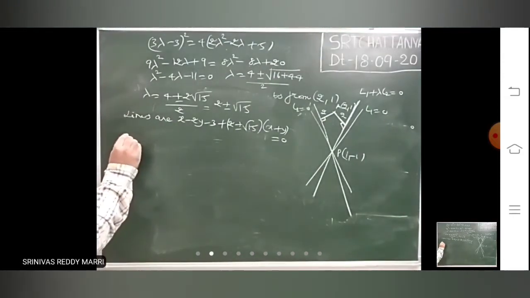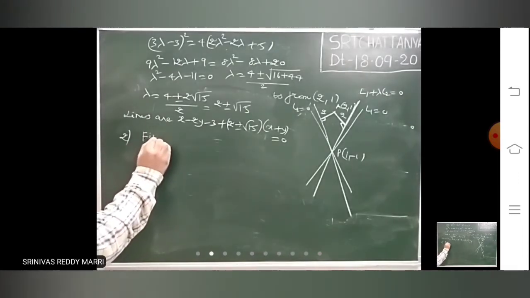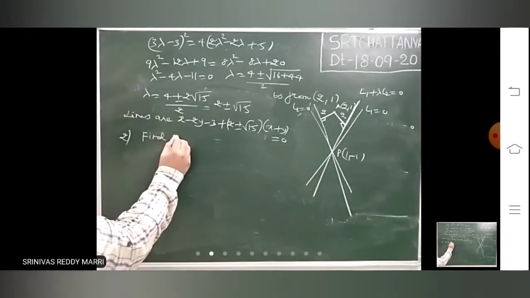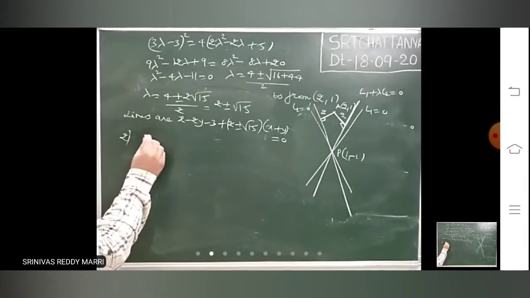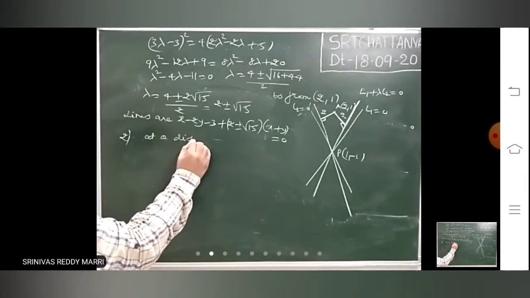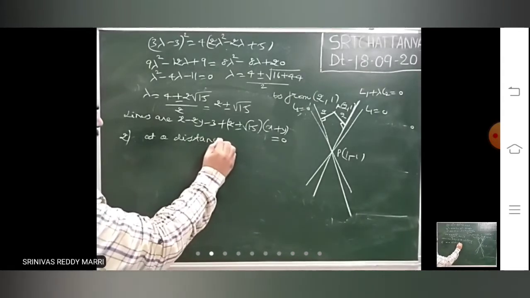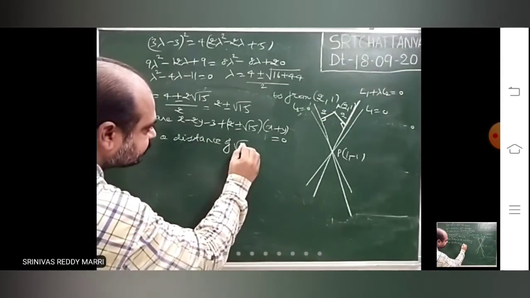Next, suppose in this, only second question. You have to find, suppose, at a distance of √5 units.